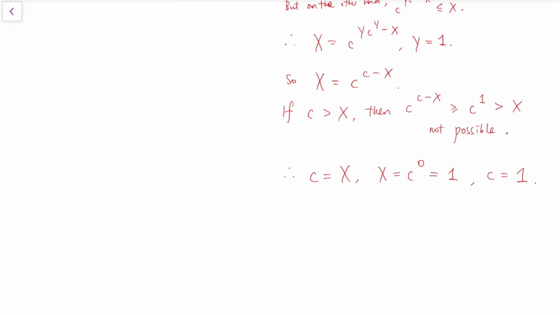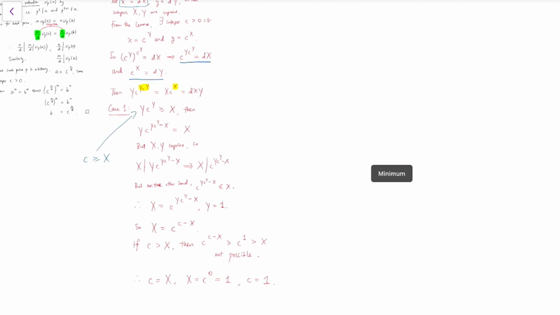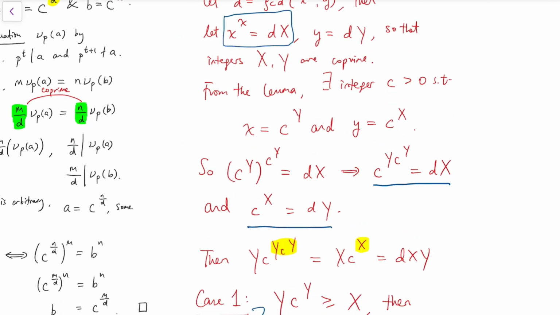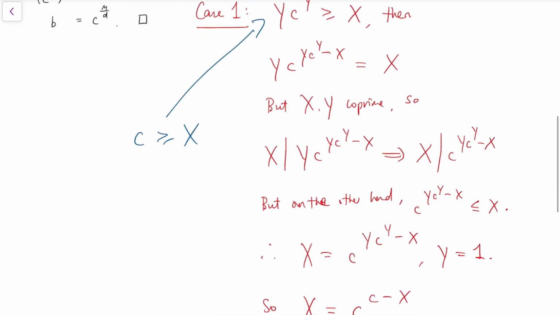But what does this tell about our original equation? Going above, this number is 1, this number is 1, and this number is 1 as well. All the numbers circled are 1.